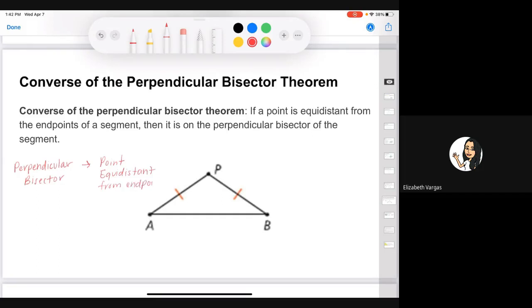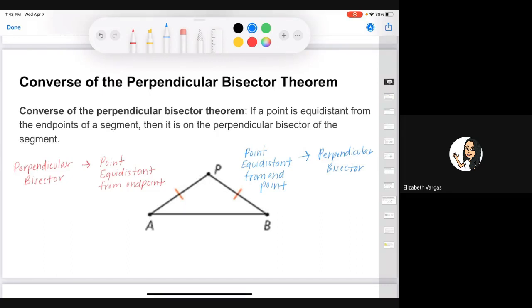The converse of this switches that around, and so it becomes if we have a point which is equidistant from the endpoints, well, then that point must be located on the perpendicular bisector. So basically, it just takes the hypothesis and conclusion and switches it.